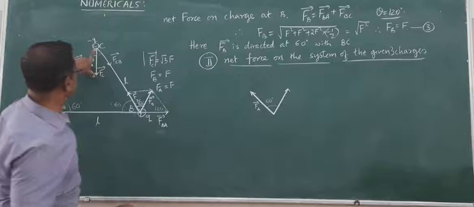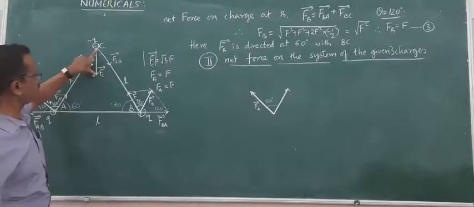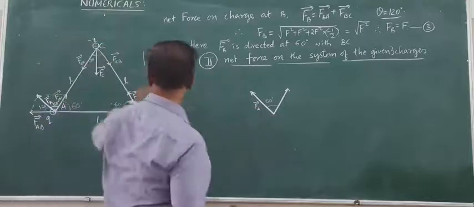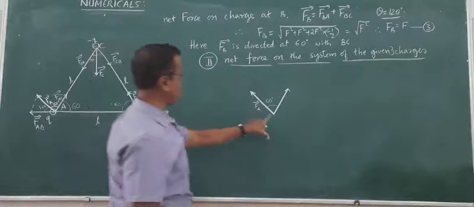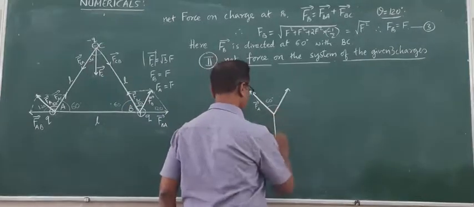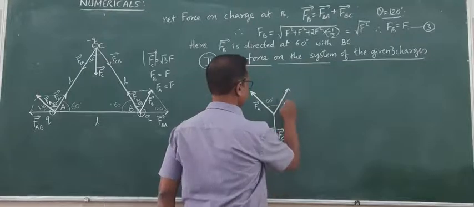Now FC, shift this FC parallel to itself, and this will be along the angle bisecting 60 degrees. So this becomes vector FC. This is vector FB.